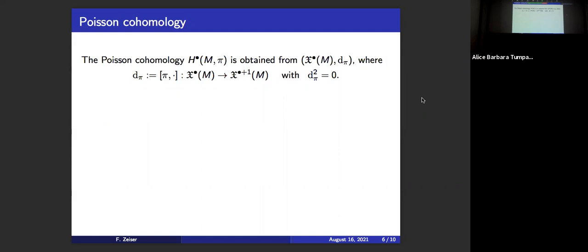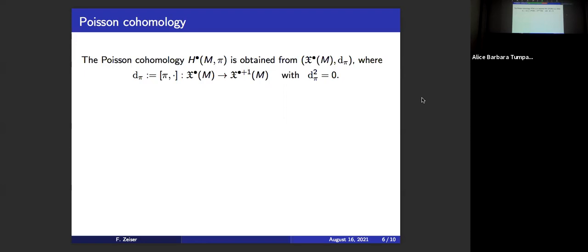That operator increases the degree by 1, and one can show that it indeed squares to 0 using the condition that phi is a Poisson structure, so that the Schouten-Nijenhuis bracket of phi with itself is 0. And then the corresponding cohomology is what's called Poisson cohomology.